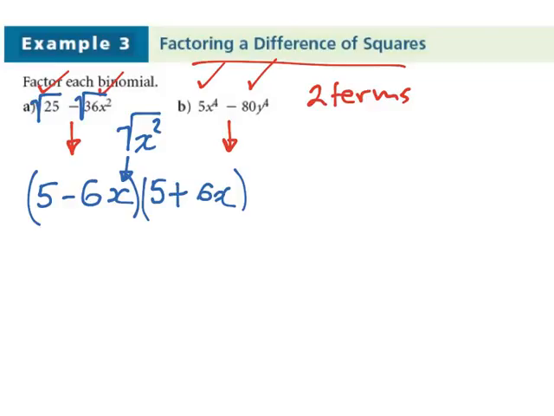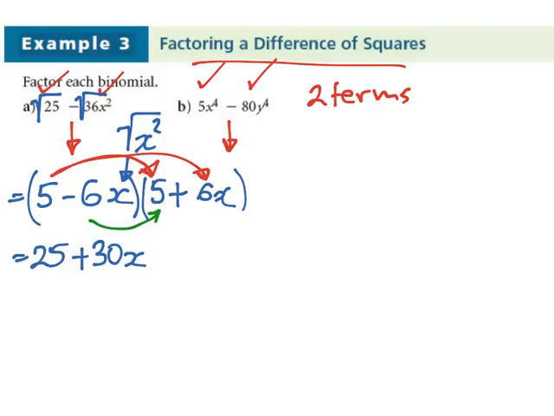Wow, you must be thinking, I don't believe you. Well, you shouldn't believe me, because we are going to verify that this indeed, when we expand it, we get the original question. So let's try it. What's 5 times 5? 25. 5 times 6x is positive 30x. Now next part, negative 6x times 5 is negative 30x.